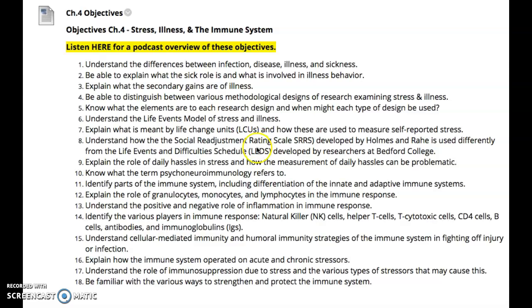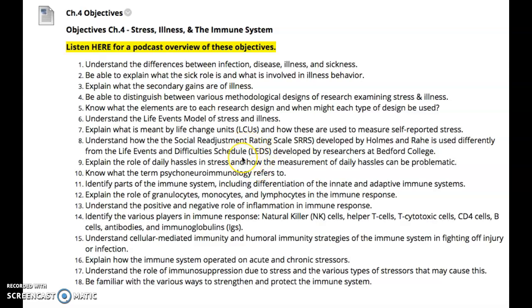And then it's going to recap a little bit on the Social Readjustment Rating Scale, which actually was mentioned in the previous chapter. This was developed by Holmes and Rahe. And it's used a little differently from the Life Events and Difficulties Schedule, which is the LEDS. I know, lots of acronyms in this chapter. So be able to distinguish between these two.